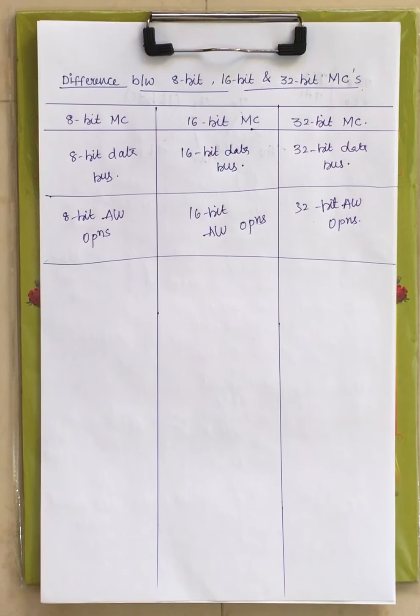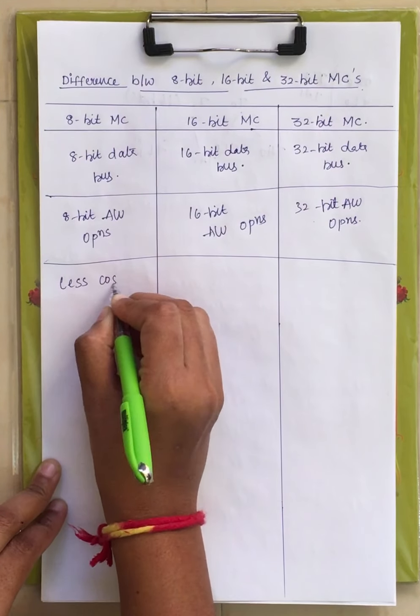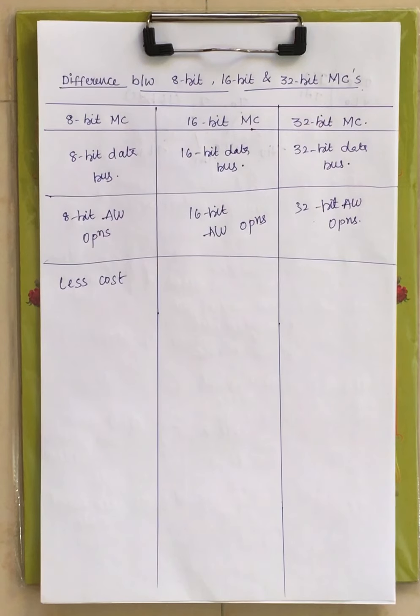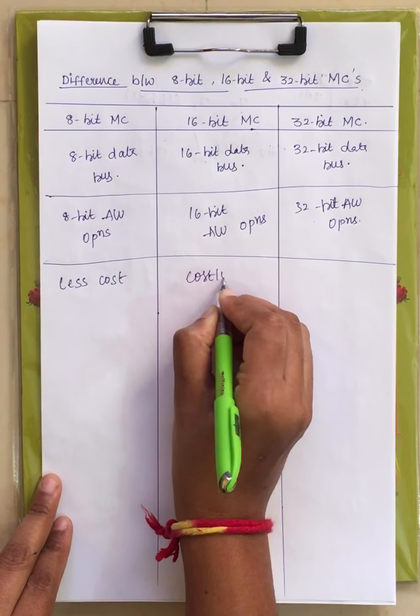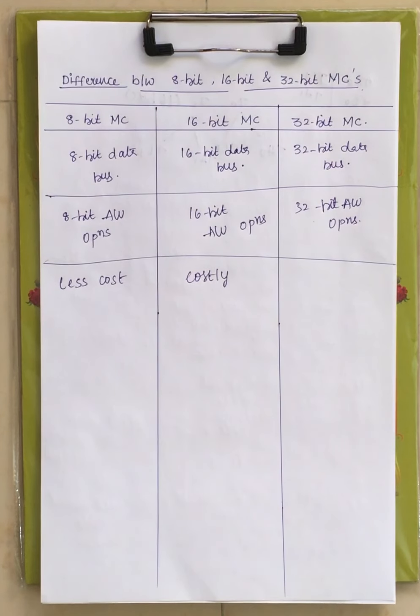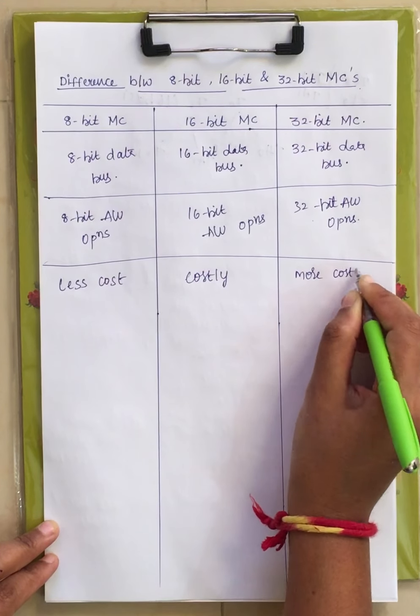Now coming to the third difference, the cost point of view. This 8-bit microcontroller is of less cost. The 16-bit microcontroller is costlier than the 8-bit microcontroller. The 32-bit microcontroller is more costly, right?